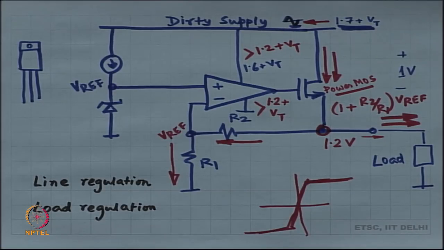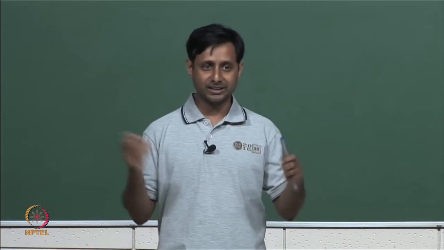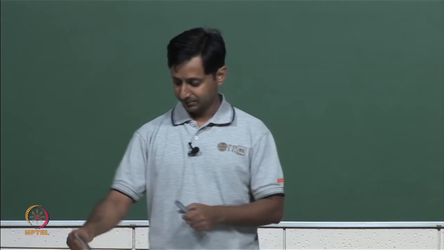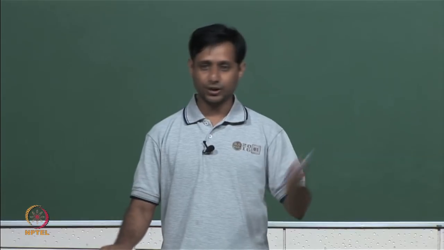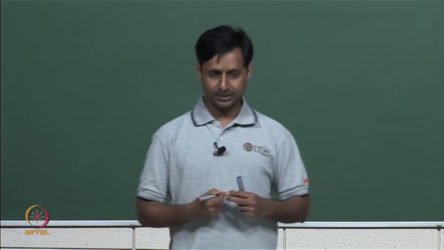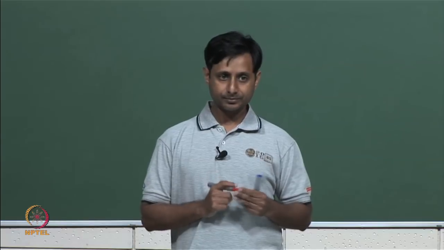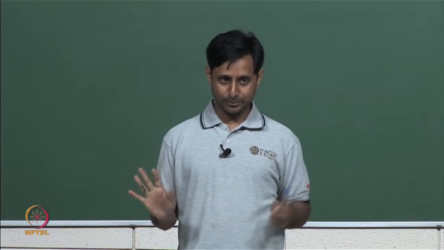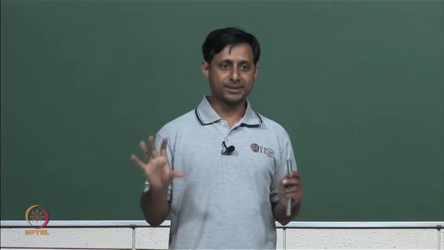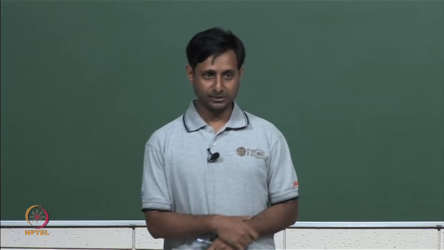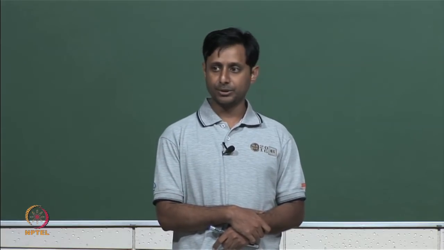When you increase temperature of the circuit, other funny things start happening. VT starts changing, all kinds of things happening. We do not want to go into that domain. We want to have some steady state temperature of the circuit. We do not want to burn.